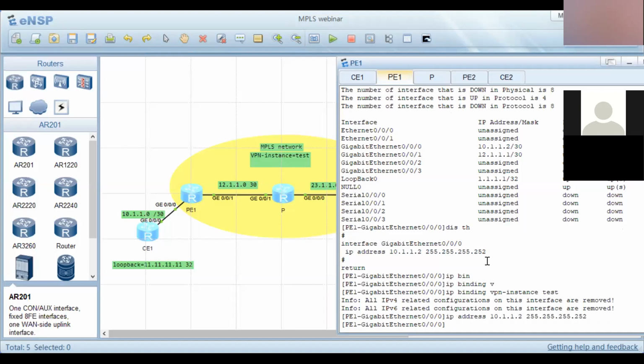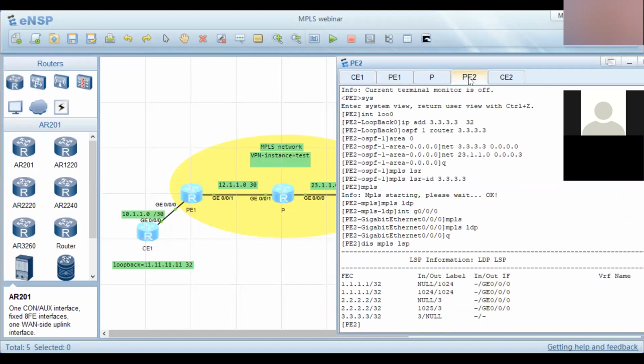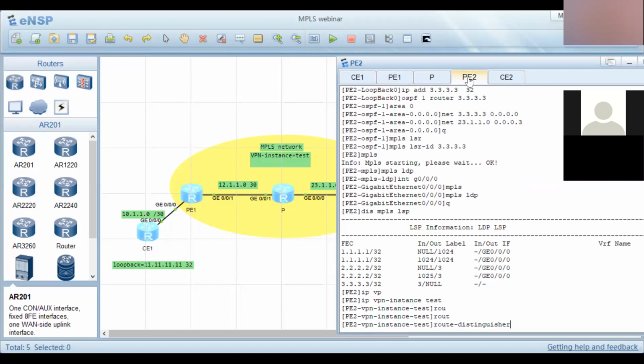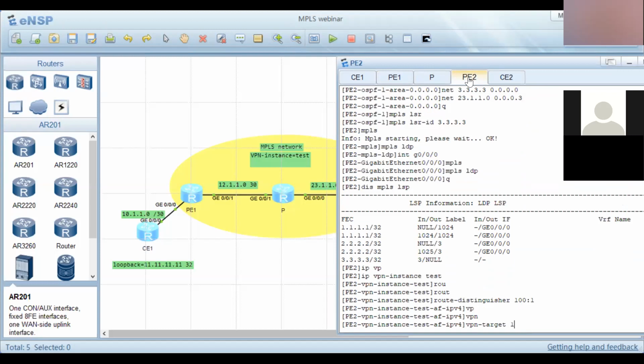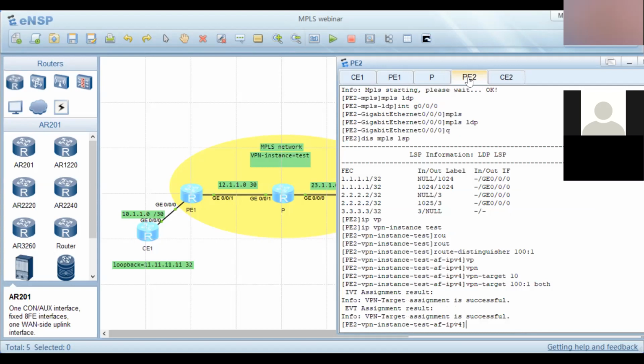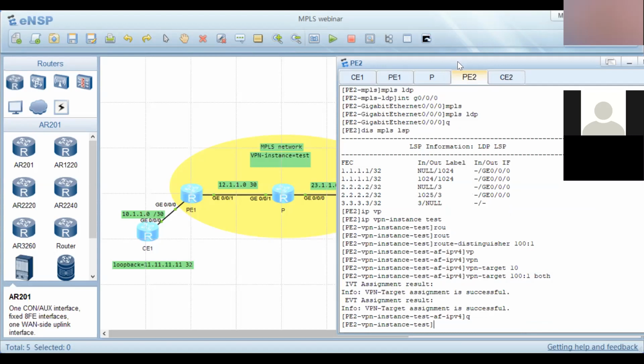So all we have to do is configure the IP address again, like this. So we have done the IP binding, and the same VPN instance will be created on the PE2 router. That means IP VPN instance test, route distinguisher, VPN target. So we'll bind the IP address with this interface.